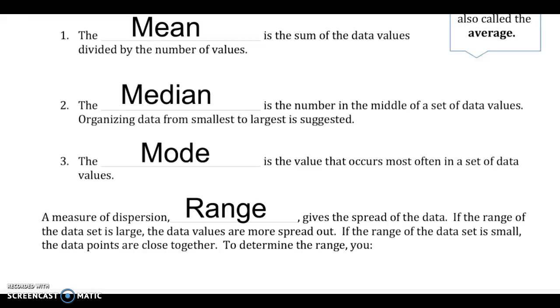So just think about test scores with a range of 5. That means all of our data is clumped within 5 points of one another. Whereas if it had a range of 100 and it was a test score out of 100 points, you've got somebody at the 0 and you've got somebody at the top at 100. So a range can tell you a lot about your data.